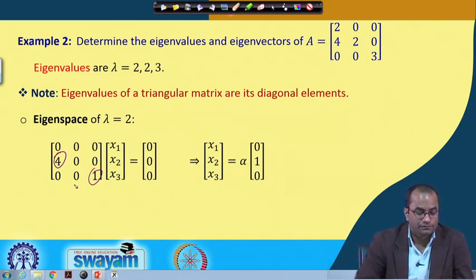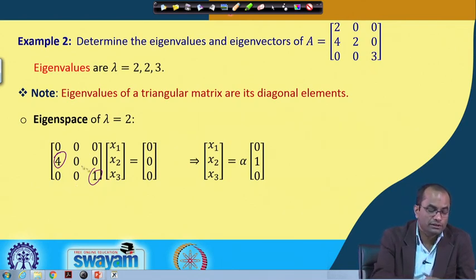The first column has a pivot, and the third column has a pivot, and x 2 is going to be the free variable.